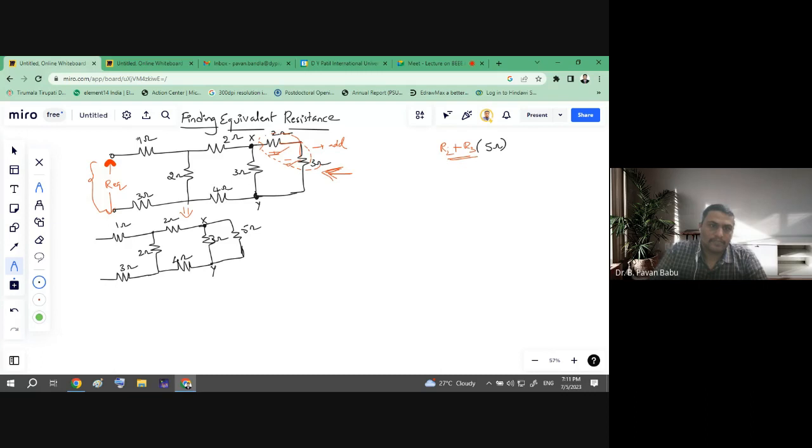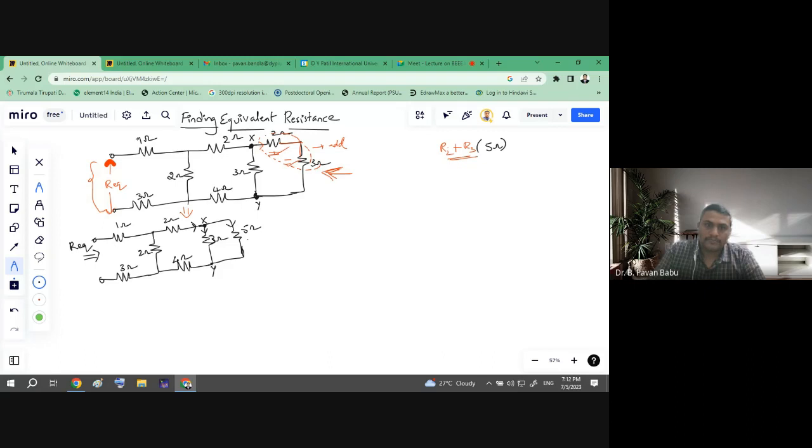Again, here we need to find the equivalent resistance. Okay, so this is the resultant. Then how about the combination of these two resistances? If we consider this is the input, the current is going to divert at these two points.